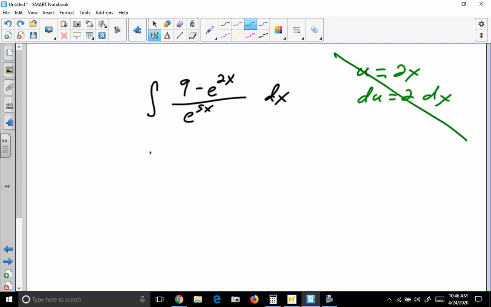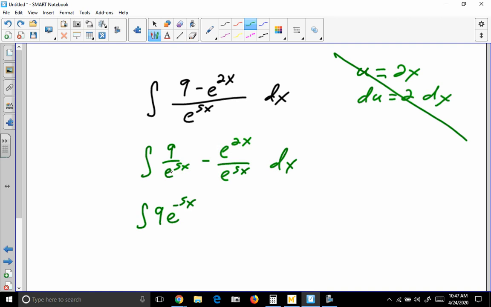But what we can do here is divide each term by e to the 5x. We can call this 9 over e to the 5x minus e to the 2x over e to the 5x. And we can just rewrite this. We can call the first one 9e to the negative 5x by moving that to the numerator. If we're dividing and our bases are the same, we subtract the exponent.